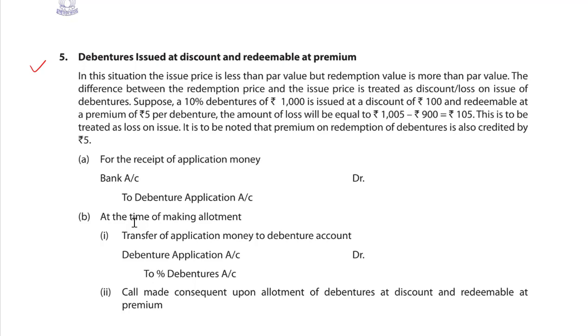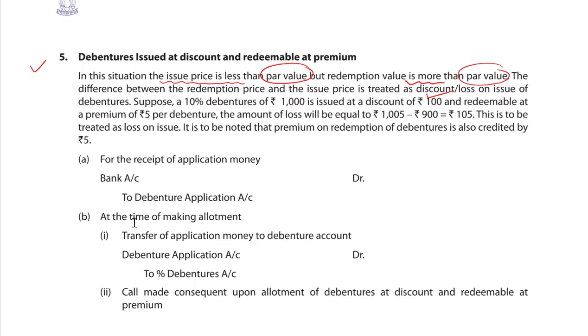Debenture issued at discount and redeemable at premium. In this situation, the issue price is less than the par value, but the redemption value is more than the par value. The difference between the redemption price and the issue price is treated as discount on issue of debenture.